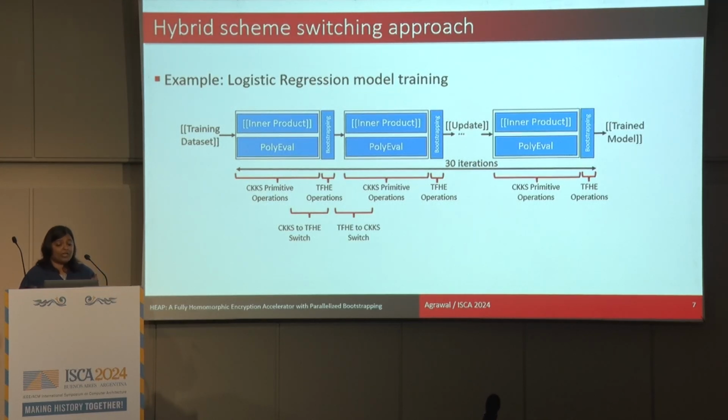In this example on the slide that performs logistic regression model training, the iterations within the logistic regression model training are performed using CKKS operations, while bootstrapping after every iteration is performed using TFHE operations. So now, how does the bootstrapping work, and what are the advantages of this approach?